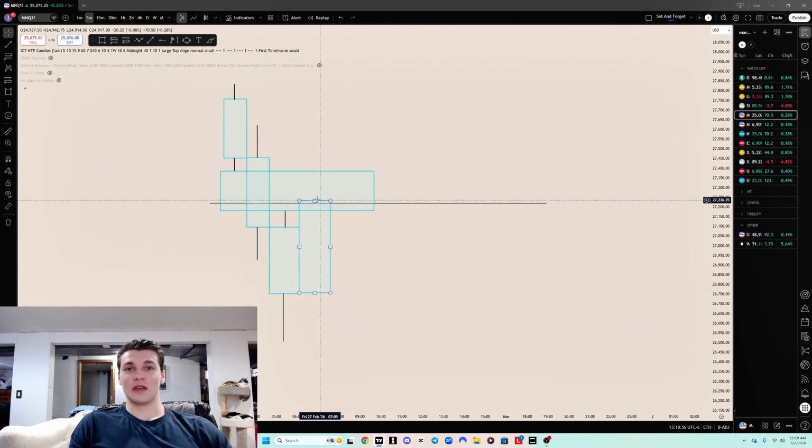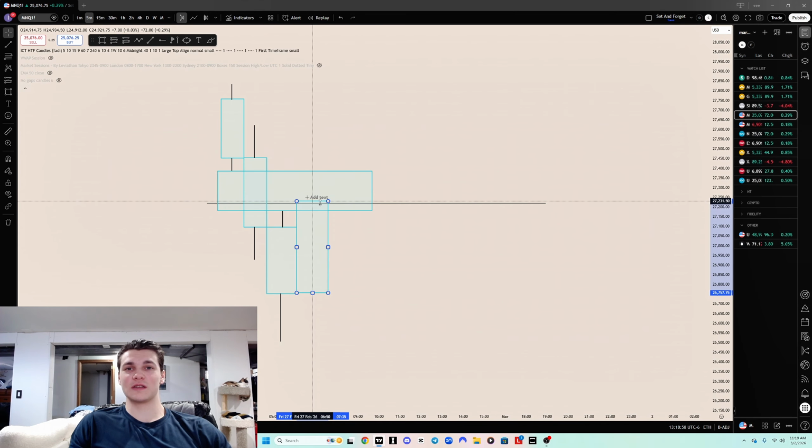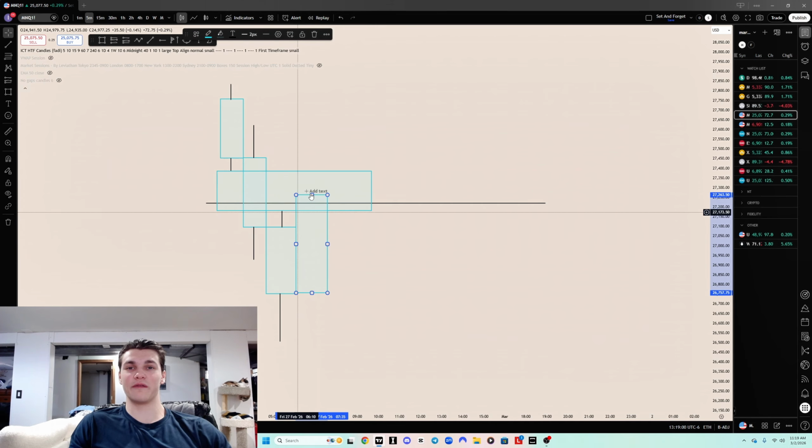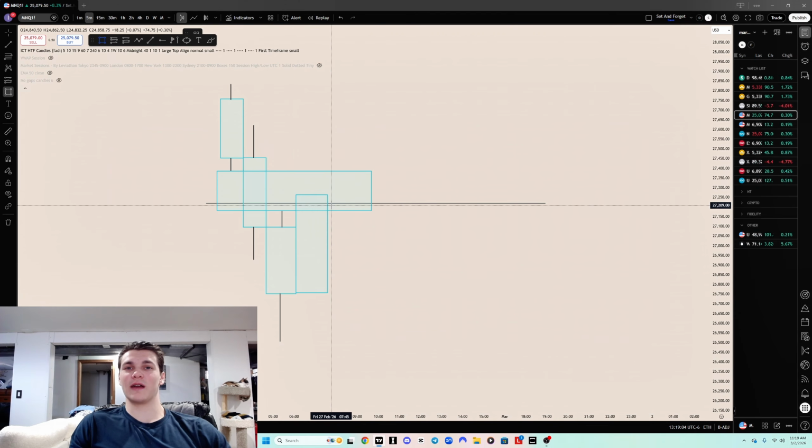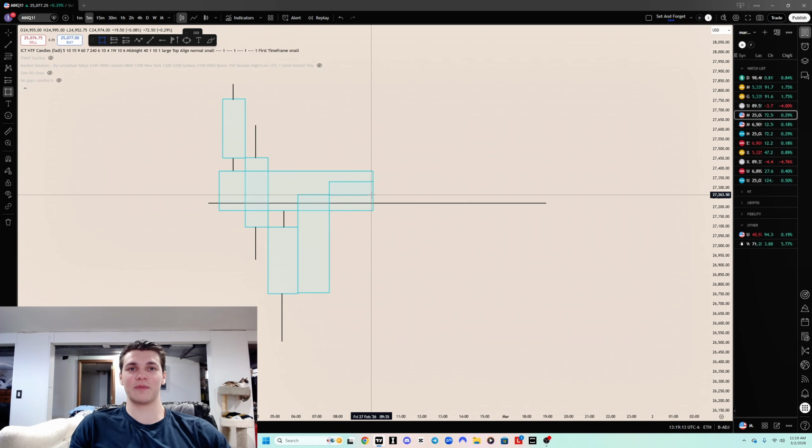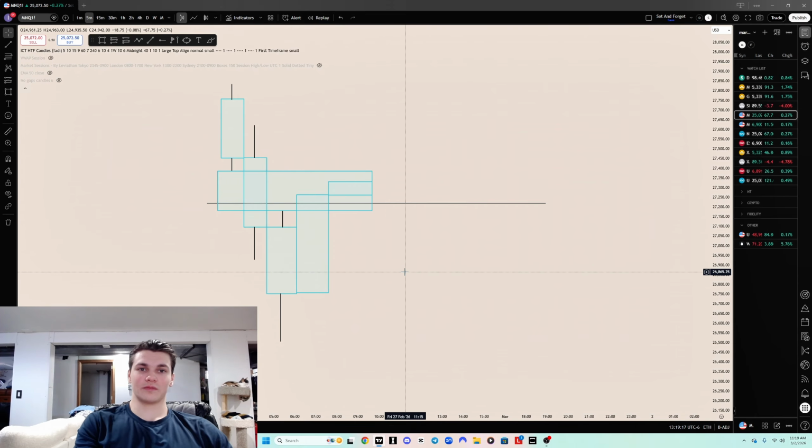Let's just pretend right here you're back above the POI and you closed right here. You don't want to take a buy there because a candle could just open up and then do this, respect this bearish movement down, this bearish gap, and continue that move down.